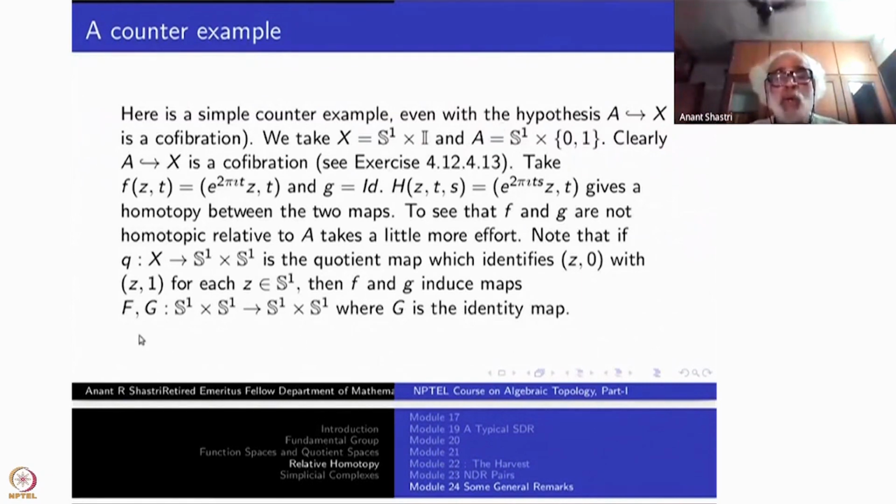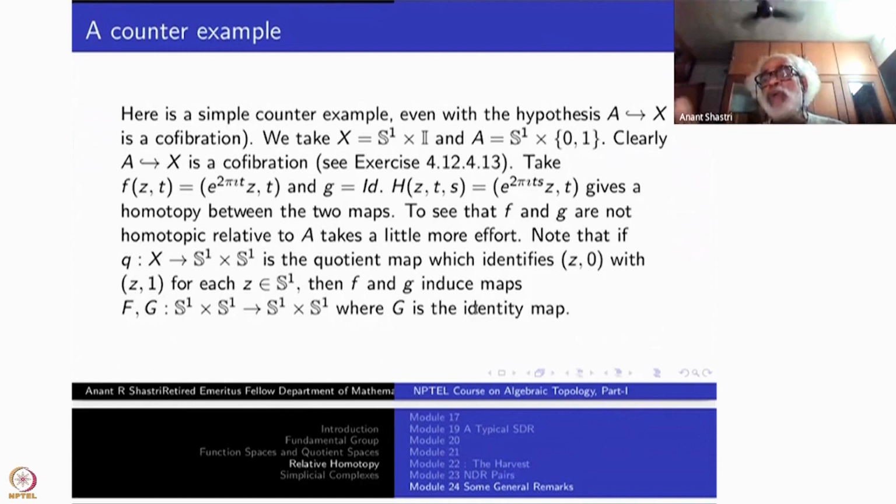On that one, both F and G are identities. But along the other circle here, F is twisting. F is twisting the other circle exactly once, whereas G is identity.